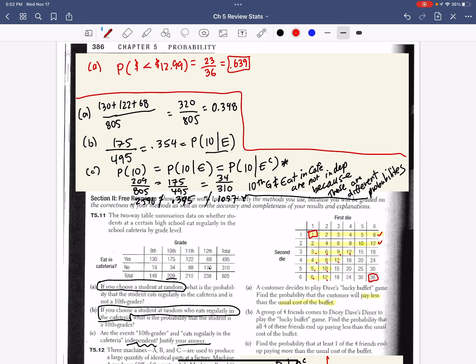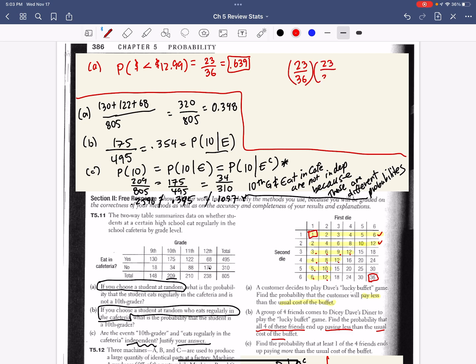Okay. So you're like, oh, I have a pretty good chance of paying less, so maybe I should play the game. A group of 4 friends, ooh, this is like the example we did in class, isn't it? A group of 4 friends comes to Dicey Dave's to play the Lucky Buffet. Find the probability that all 4 of these friends end up paying less than usual. So that's the probability. This would be one person paying less.